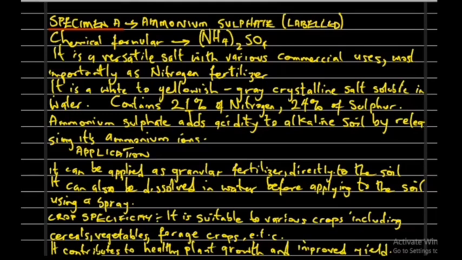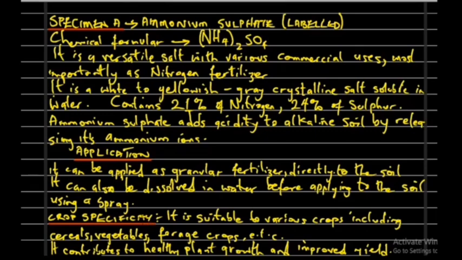These are some of the things that we need to know about these crops. So it can be used on different types of soils, particularly when the soil is used to cultivate some crops. So you can actually use it to cultivate cereals, vegetables, forage crops, etc.